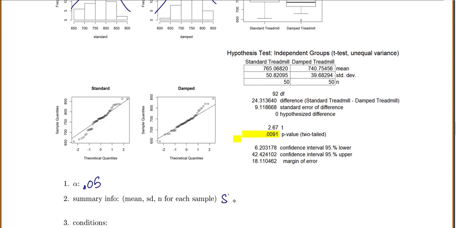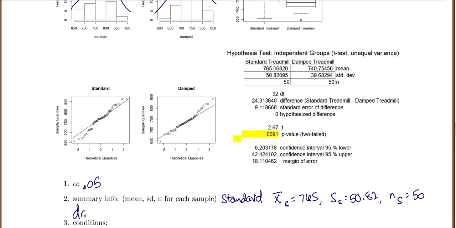So for standard, if I write down an order, I have mean. My mean for standard is 765. My standard deviation for standard, that could be confusing, s, is 50.82. And my sample size for standard equals 50.